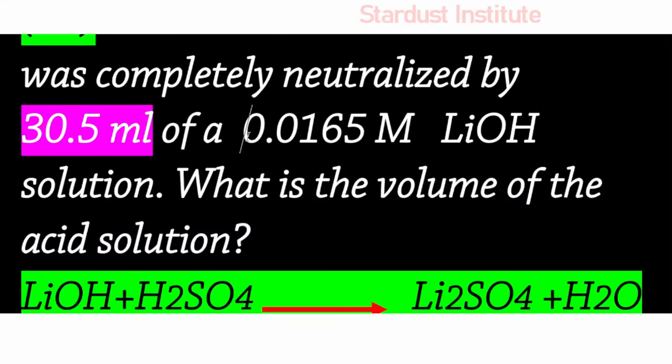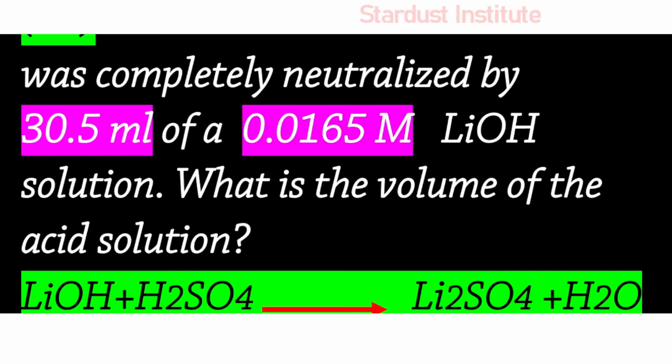Molarity of this lithium hydroxide solution is 0.0165 M. Molarity M means in 1 liter or 1000 milliliters of this lithium hydroxide solution, there are 0.0165 moles of lithium hydroxide. Now we need to find in 30.5 milliliters of this lithium hydroxide solution, how many moles of lithium hydroxide are there?